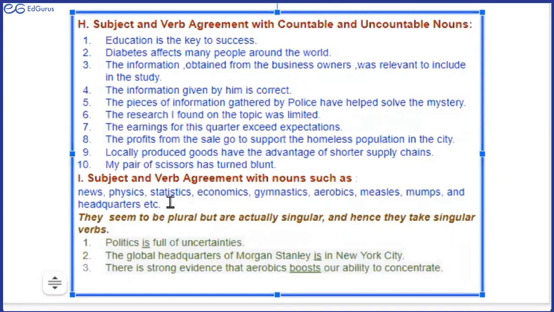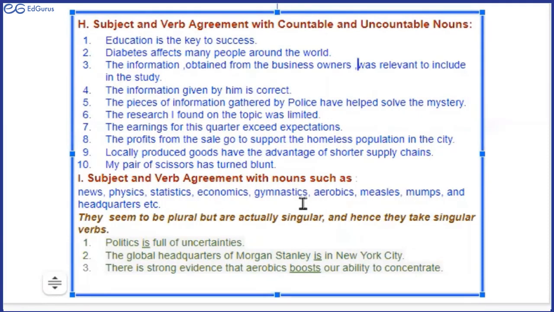Statistics. Statistics suggests that the cases of COVID have reduced. Economics. What is the economics of this particular issue? Gymnastics. We never say gymnastic, we say gymnastics. What are you doing? I'm doing gymnastics.